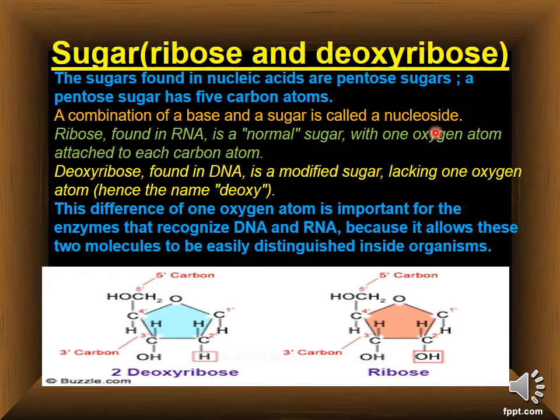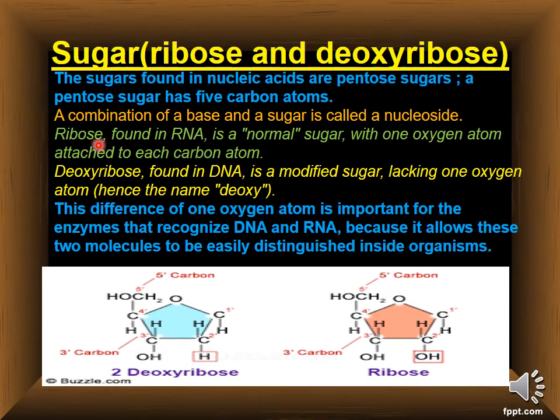Yes, one is the nitrogen base and the other is the pentose sugar. So the combination of the pentose sugar and the nitrogen base is called a nucleoside. Normally we use nucleosides in the preparation of medicines in pharmaceutical companies for antiviral or anti-cancer treatments.